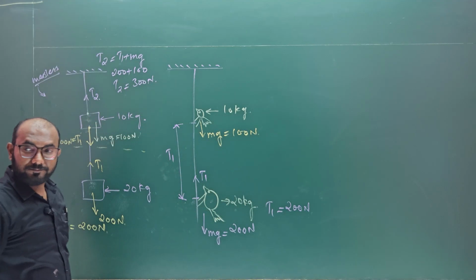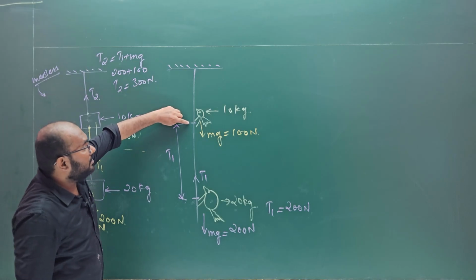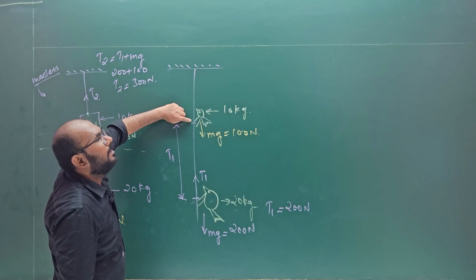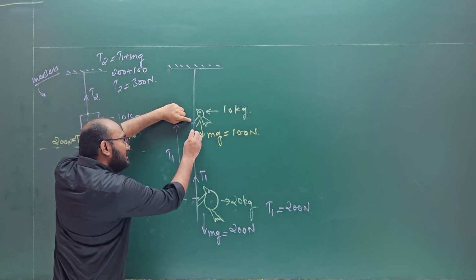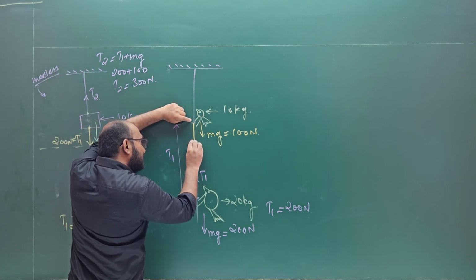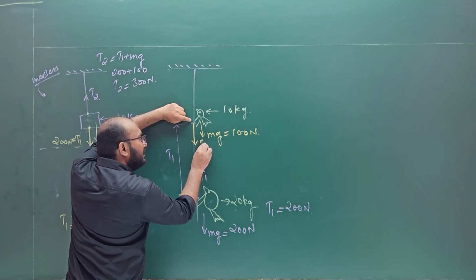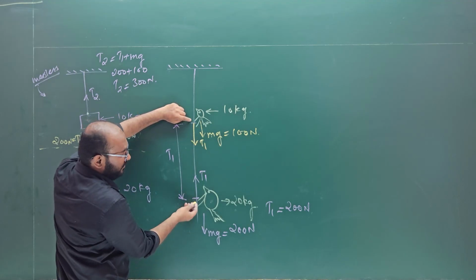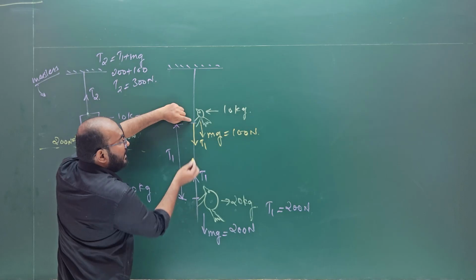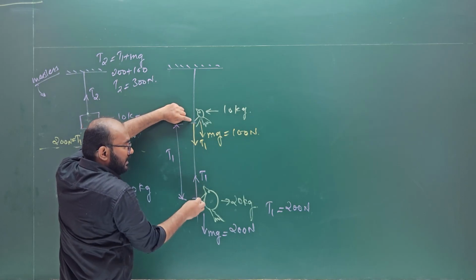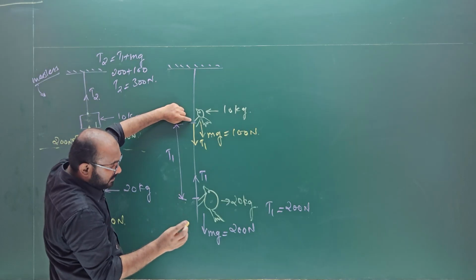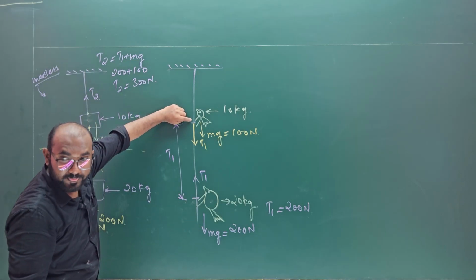Yes or no? If I am sitting at this point where the bird is holding the legs, this direction away from it is again T1. Why? Because we know the string is the same between points of contact. That means from here to here, tension will remain 200 Newtons. Yes or no?